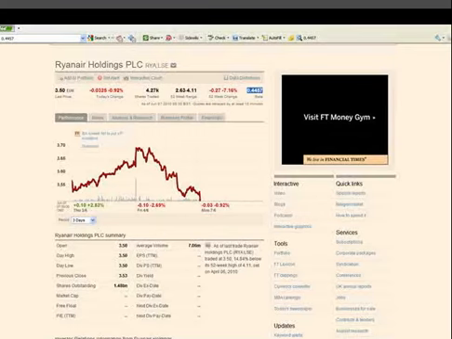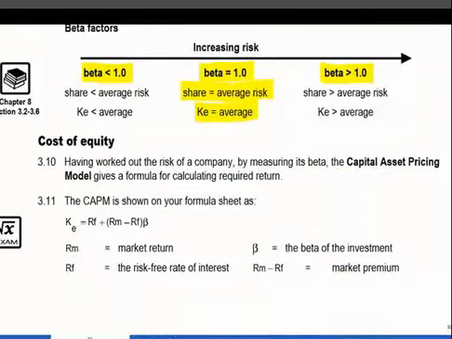You can use the Financial Times website to research other betas to build your own general knowledge. Betas will be given in the exam. When you're given a beta factor, you're going to put it into a formula to calculate the cost of equity.